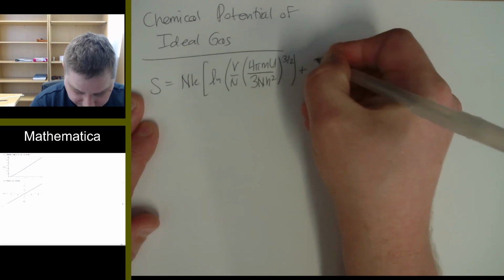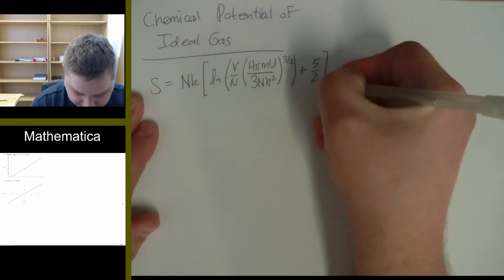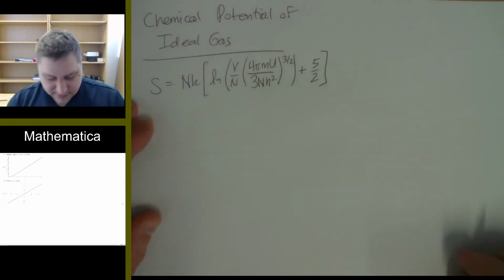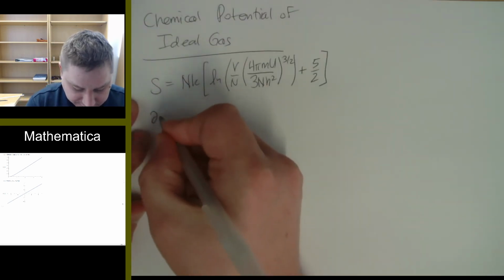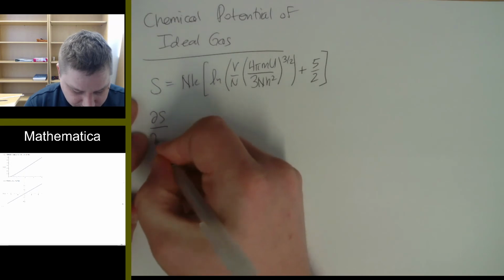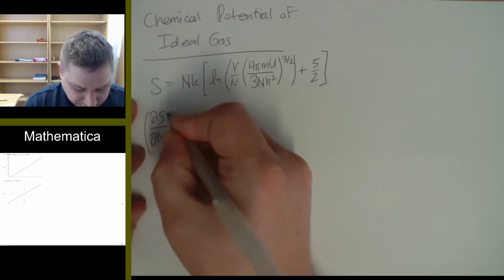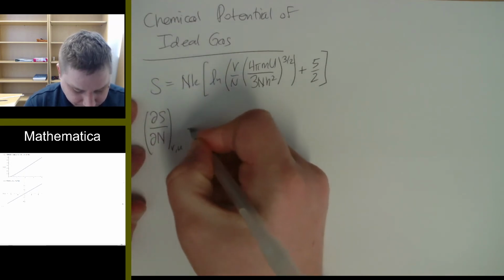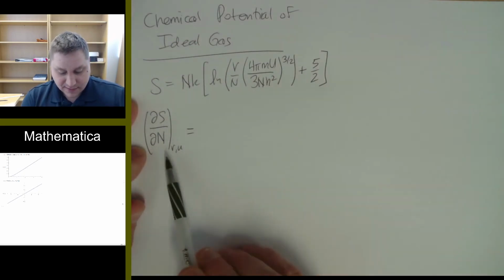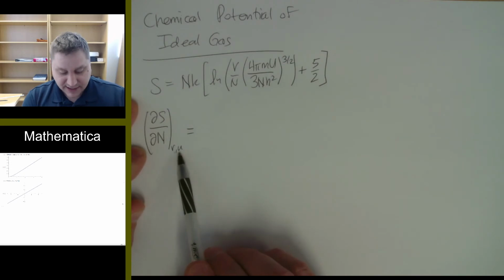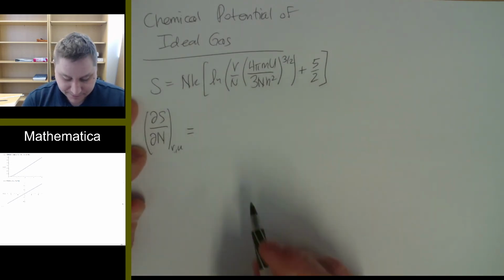I'll take time to write this out one last time. And here, let's first do the derivative that's required. The derivative of this with respect to N, luckily with constant volume and constant energy, so the way it already is.